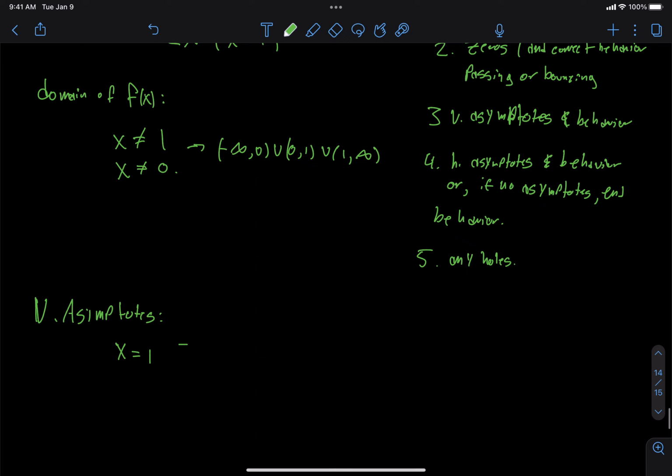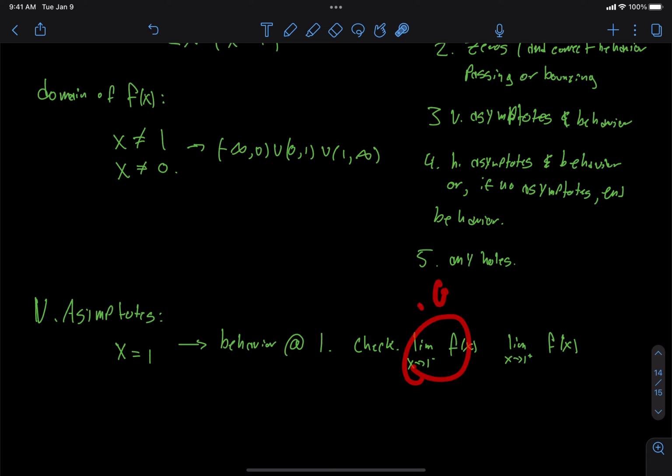Now, to determine the behavior at 1, you can do one of two things. You can manually compute the limit as x goes to 1 from the left of f of x, and the limit as x goes to 1 from the right of f of x. See what happens when you plug in a number like 0.99, or a number like 1.001, okay, something like that.